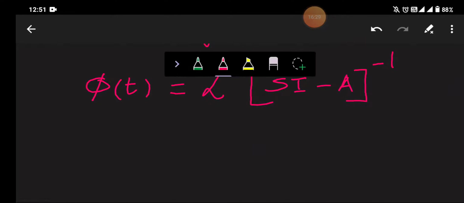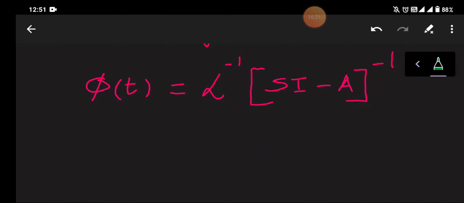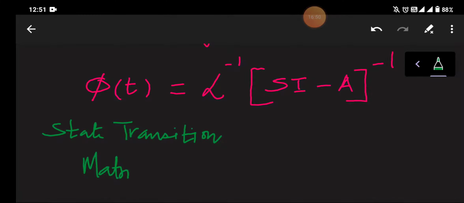So state transition matrix, now you have a formula to determine state transition matrix.